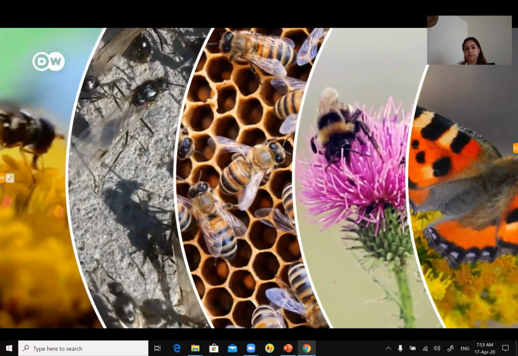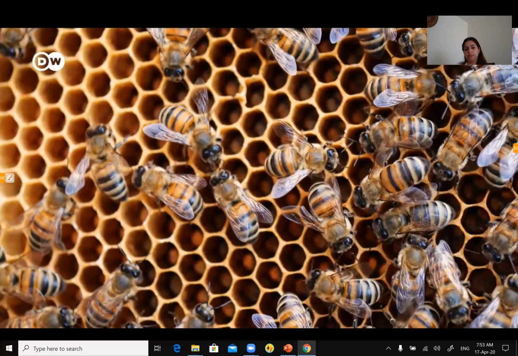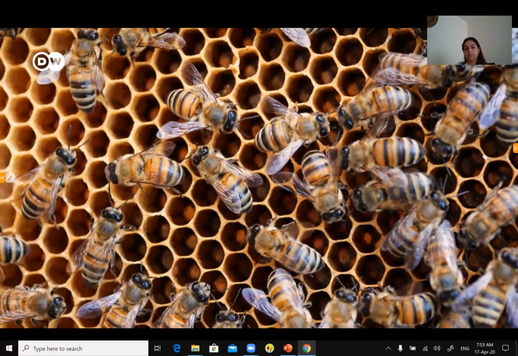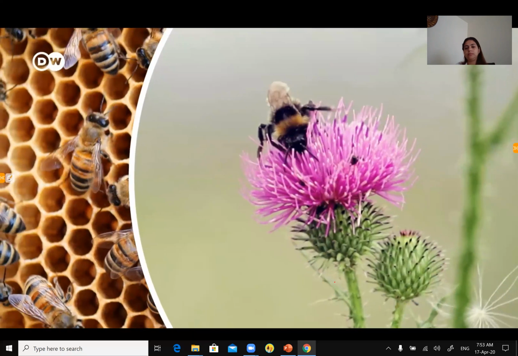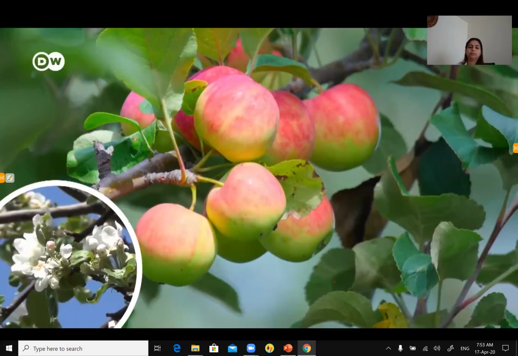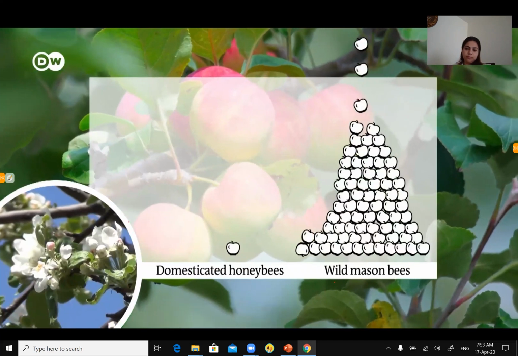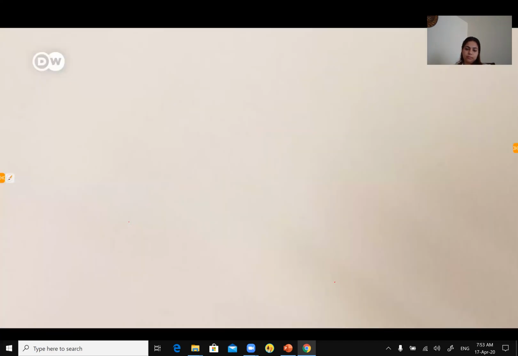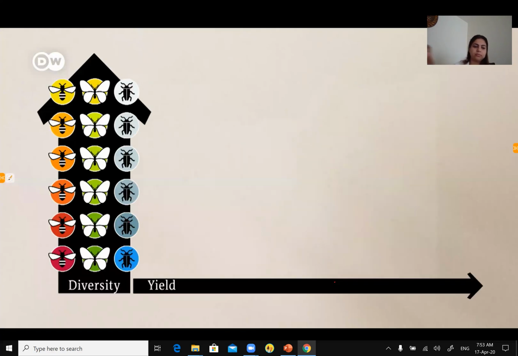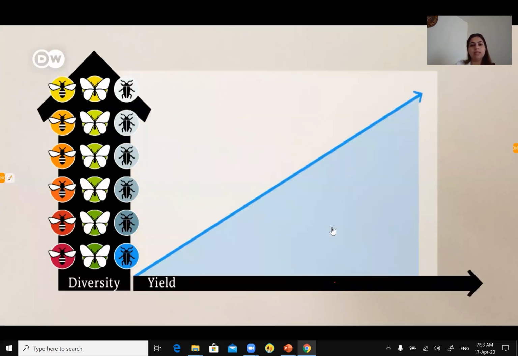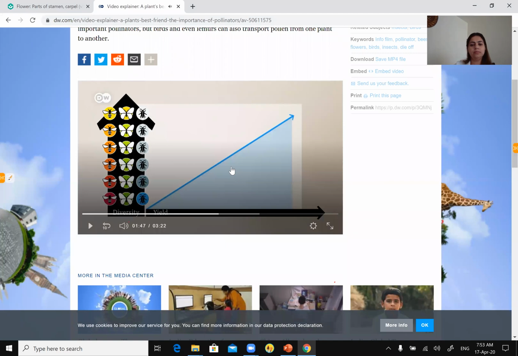Domestic honeybees alone can't pollinate all the food crops. Wild pollinators are often more productive. In the case of the apple blossom, for example, a wild mason bee is 80 times more effective as a pollinator. But it's the insect diversity that best increases the yield.